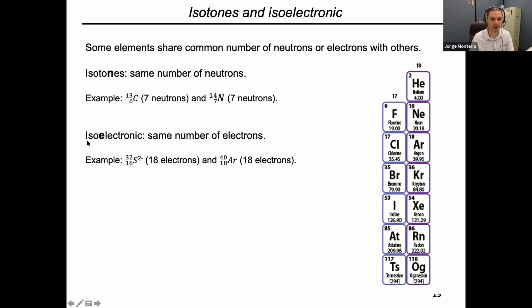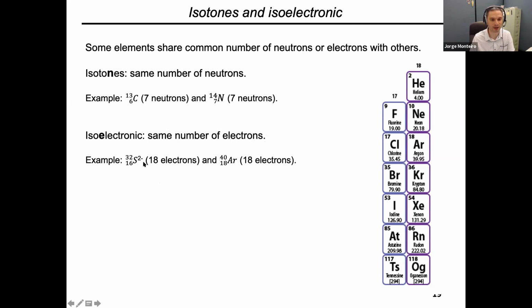And finally, isoelectronic: two elements that share the same number of electrons. For example, sulfur 2 minus. If we have here a 2 minus charge, that means we have an excess of 2 electrons. Atomic number is 16.